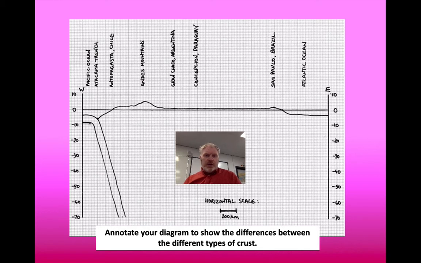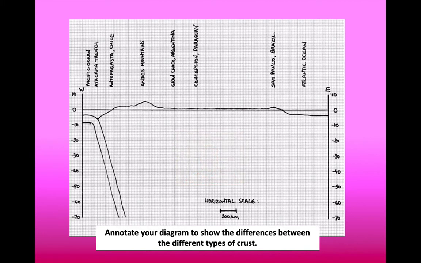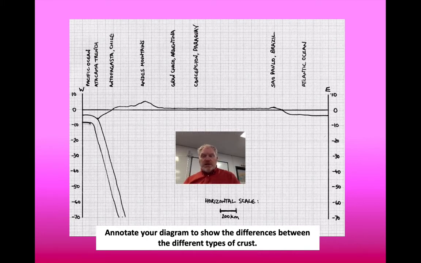So on the left-hand side, we have the Pacific Ocean in the west. In the middle there, we have the continent of South America. And on the right there, we have the Atlantic Ocean. If you want to find an atlas, this cross-section is actually drawn along the Tropic of Capricorn, 23.5 degrees south.